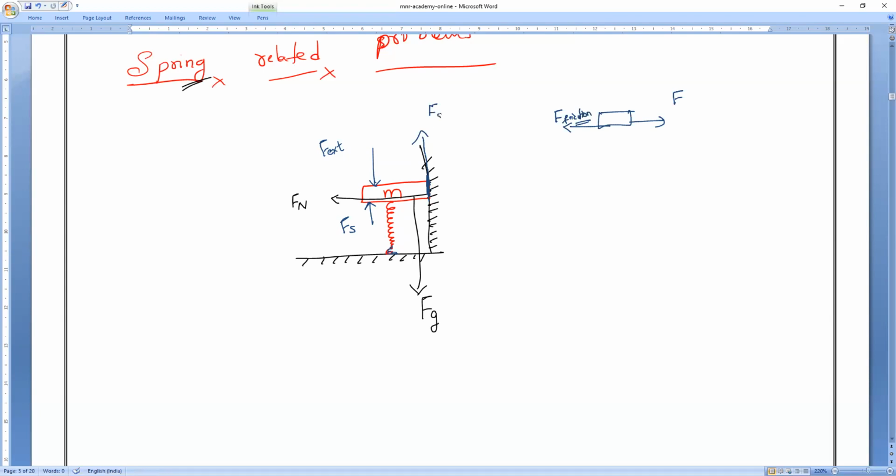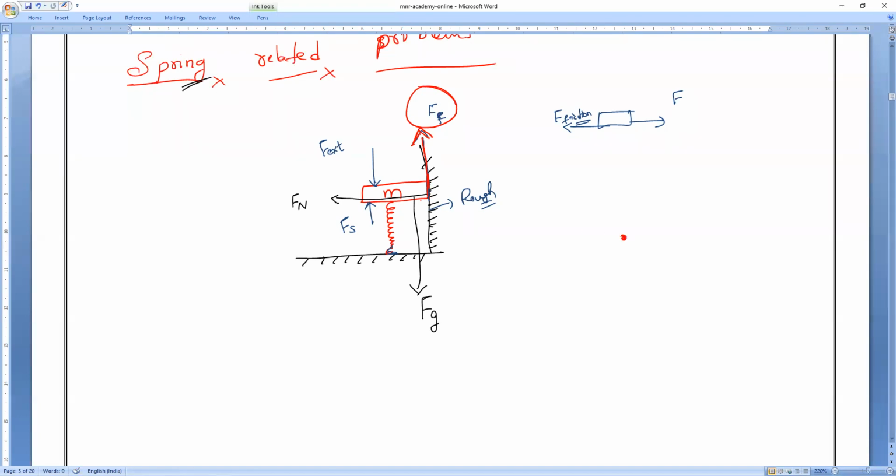So the force of friction will be there. Am I right or wrong? Because the surface is a rough surface. Definitely there will be friction because this body is trying to go down, so there is always a force acting upward, opposite to the direction of motion. What is that force? Frictional force.